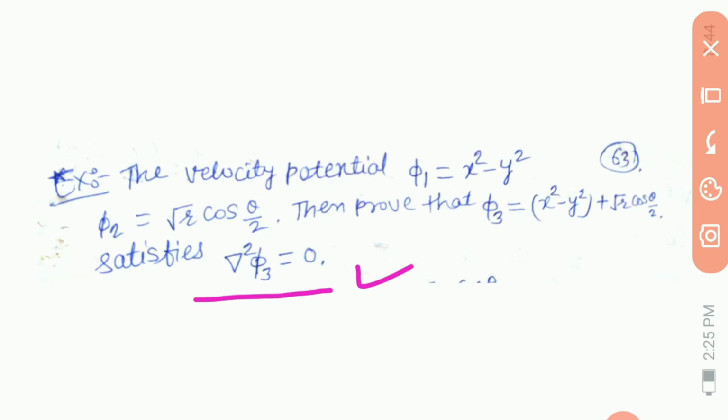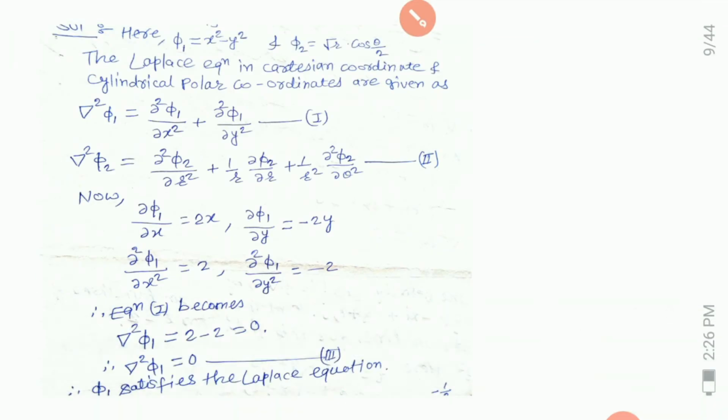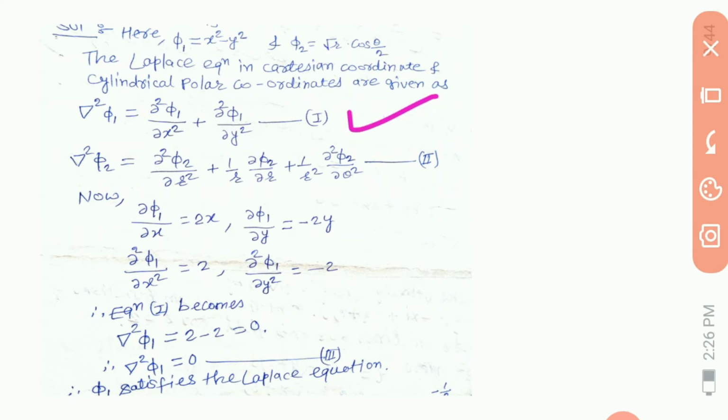So here we have φ1 is equal to x² − y² and φ2 is equal to √r cos(θ/2). The Laplace equation in Cartesian coordinates and cylindrical polar coordinates are given as del square φ1 is equal to ∂²φ1/∂x² + ∂²φ1/∂y².